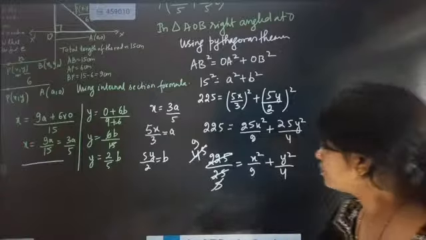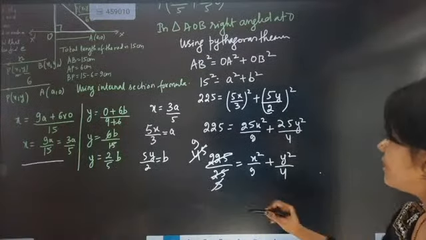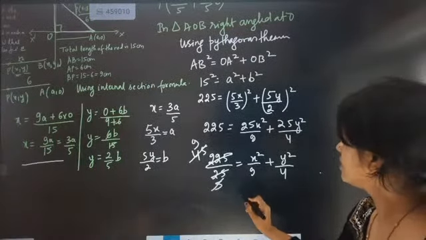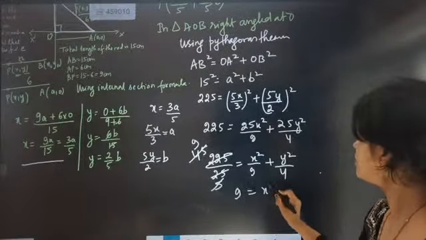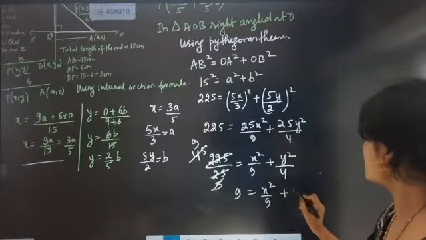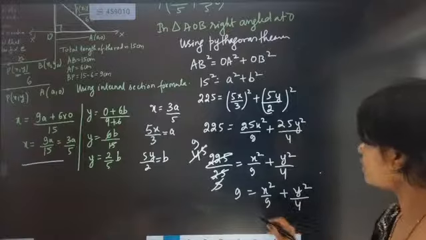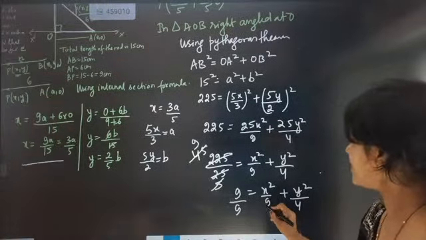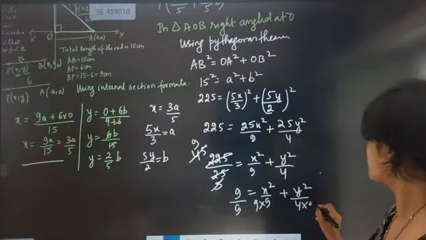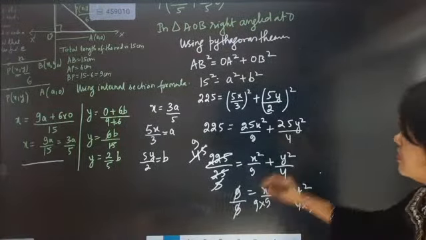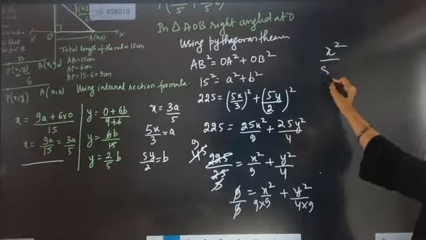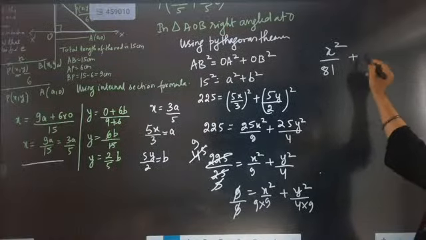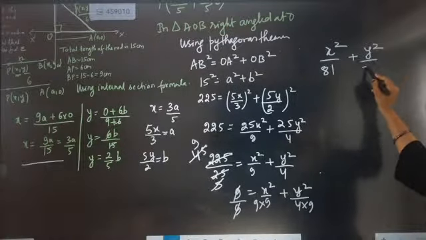I'm going to divide both sides by 9. So 1 equals x square by 81 plus y square by 36.